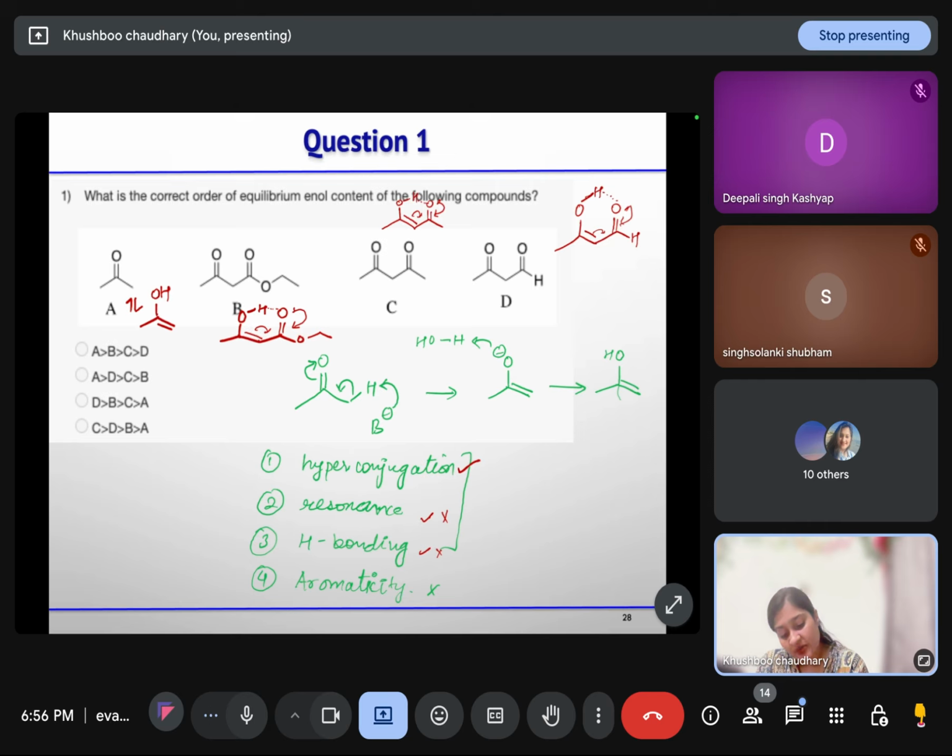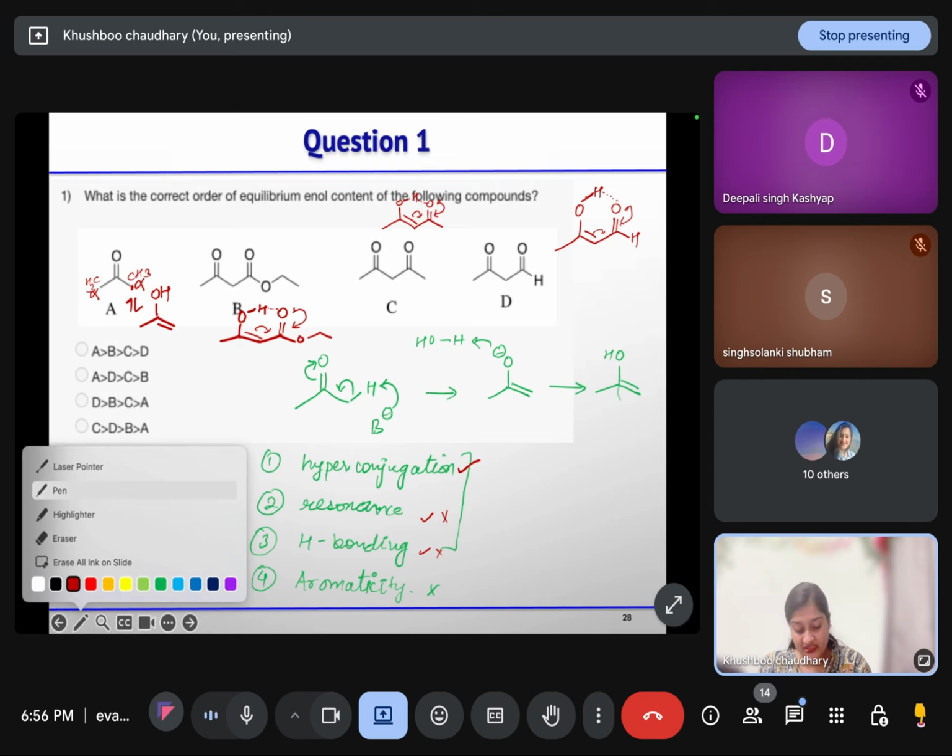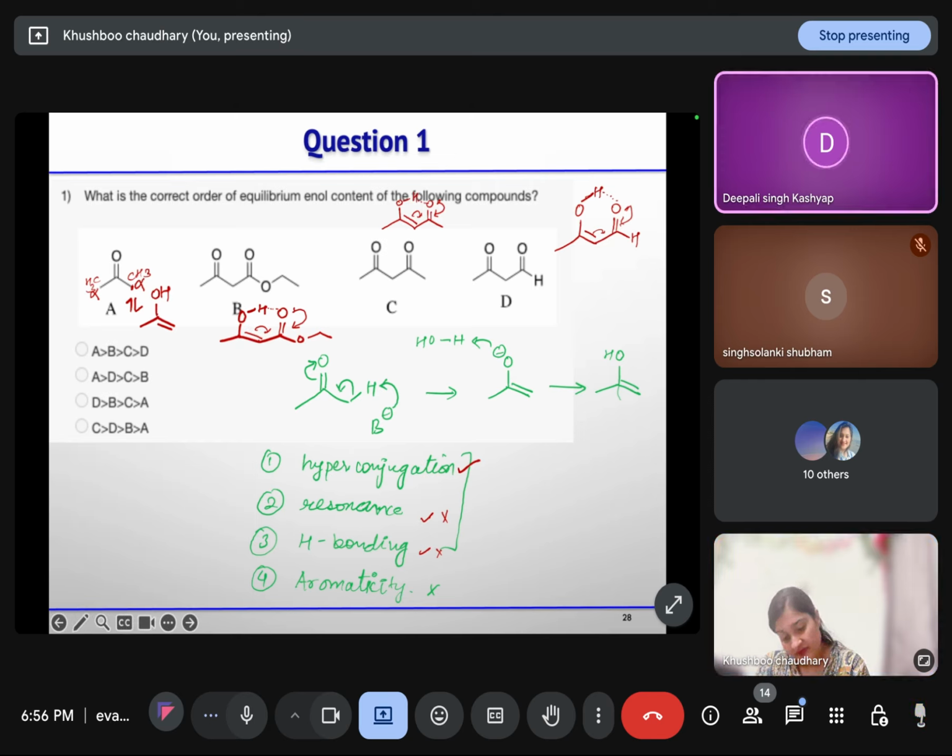So in the first case, how many alpha protons are there? 3 or 6? This is also an alpha position, this is also an alpha position, right? 3 hydrogens from here, CH3, and 3 from here. The total number of alpha hydrogens is 6.